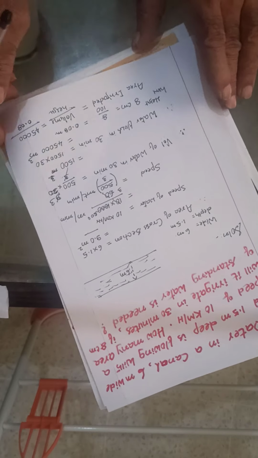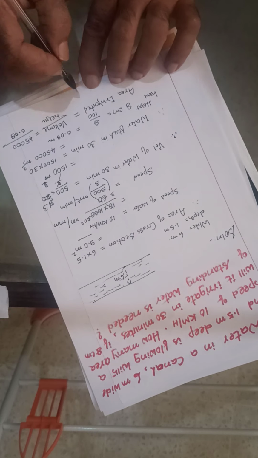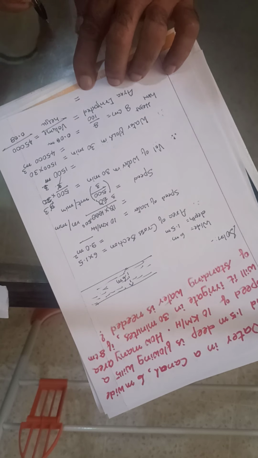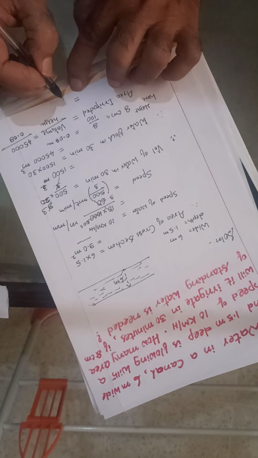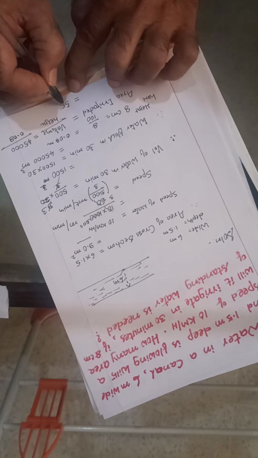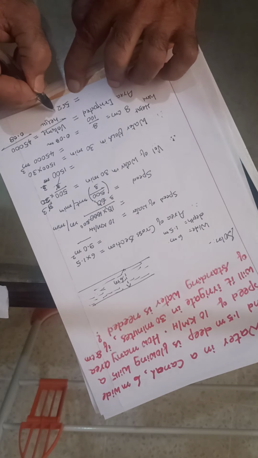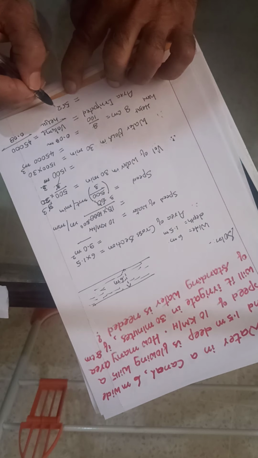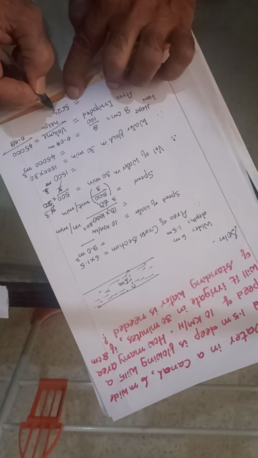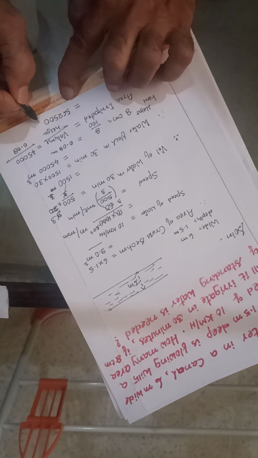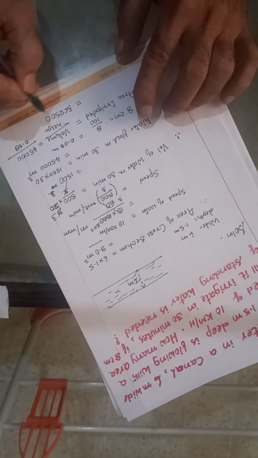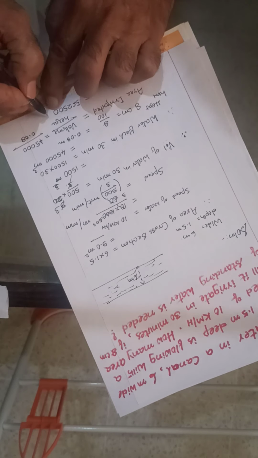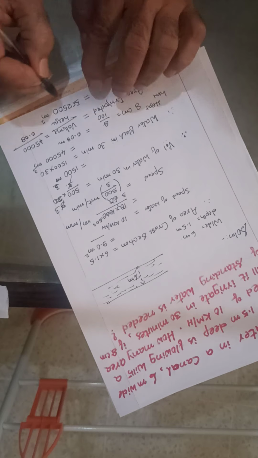Now if you simplify it, remove the decimal place and put 2 zeros, and after that divide it by 8, you'll be getting 5,62,500. Yes, area irrigated is expressed in meter square. This much area is irrigated.